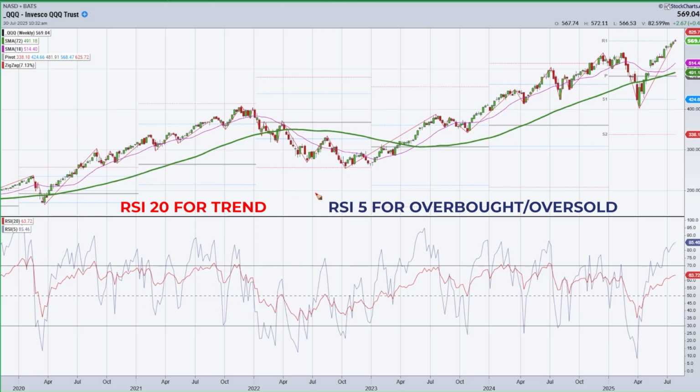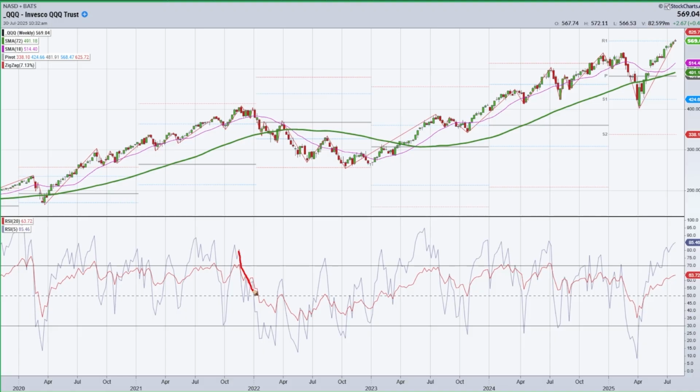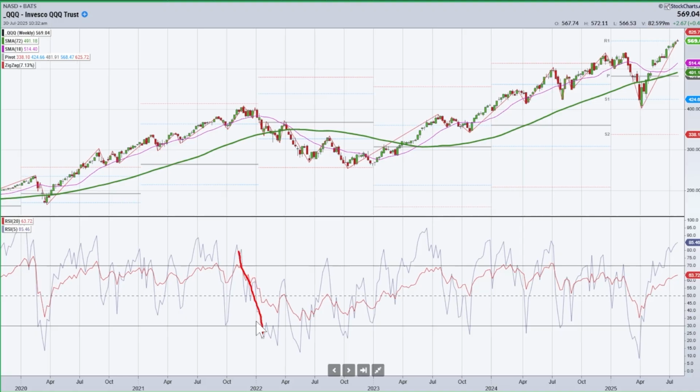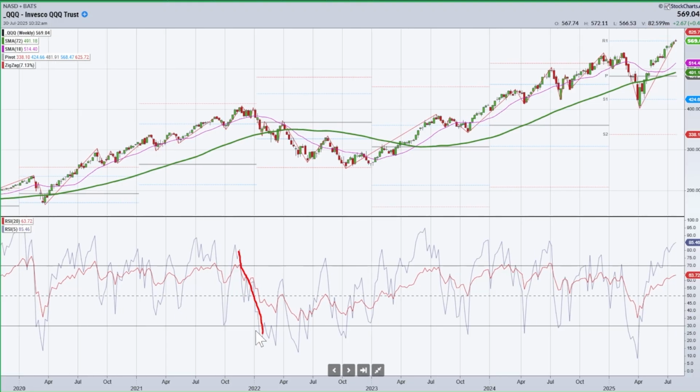All right, now what I see a lot of people doing is they're looking at an overbought, an oversold signal, let's say like this here. Let me just clear this off, where RSI comes down under the 30 mark, we're officially oversold. All right, and they're treating that signal the same as they'd be treating this signal.